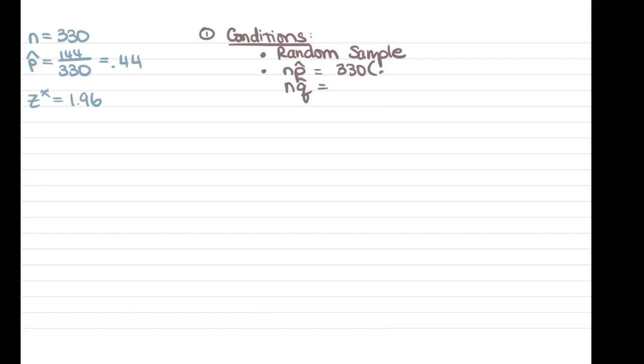Let me write down the work in case people aren't sure where those numbers are coming from. Megan, what was the first number you said? 145.2. Okay, perfect. And then 184.8. And those have to be greater than or equal to what? 10. Perfect. Nicely done. Okay, conditions. Done.